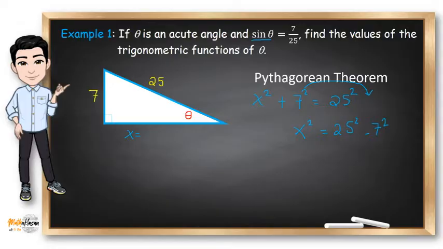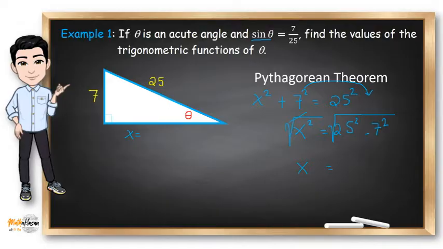Okay, pwede nyo naman nang i-simplify yung 25 squared tsaka 7 squared. Pero para minsan ang input na lang sa calculator, pwede naman yun. Mamaya na natin i-input lahat sabay-sabay. And of course, if we want to remove the square here, all we need to do is to get the square root of both sides of the equation. So that here, x na lang ang matitira. Right?